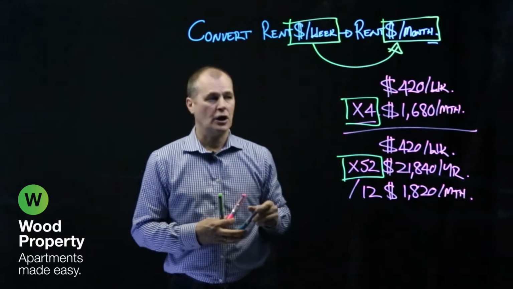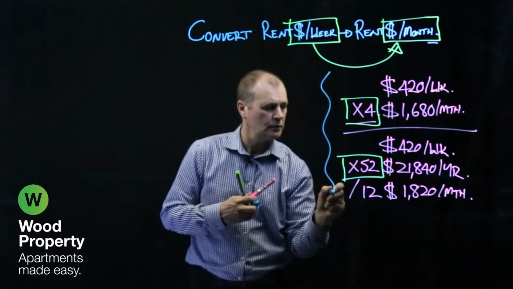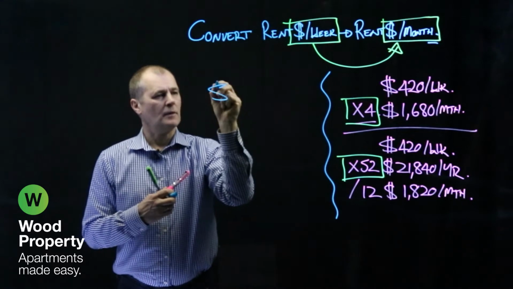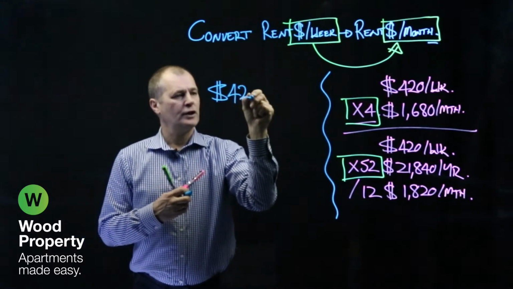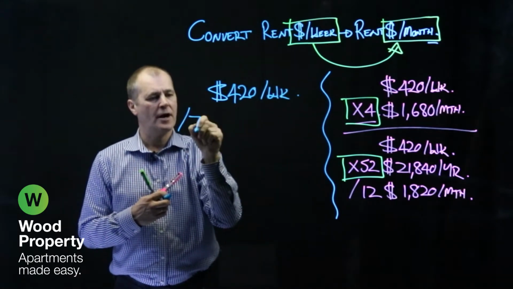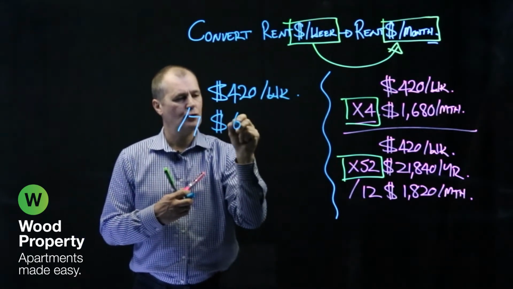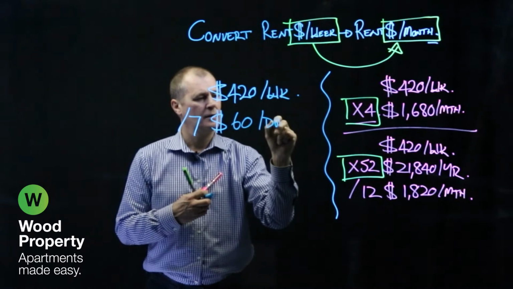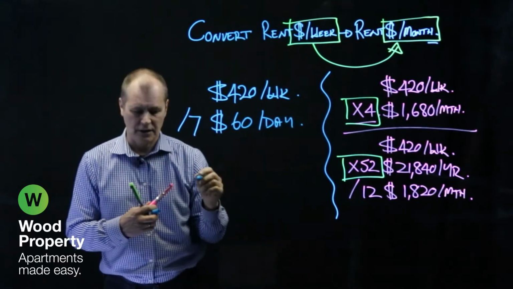So let's go through the example of actually how to do it correctly. Let's start with our $420 per week. Now the first step is dividing it by 7, which gives you a rent per day, in this example, of $60 per day.